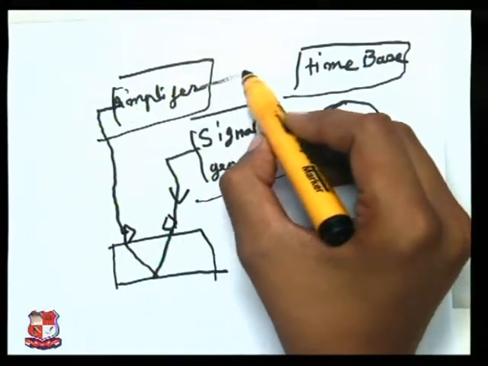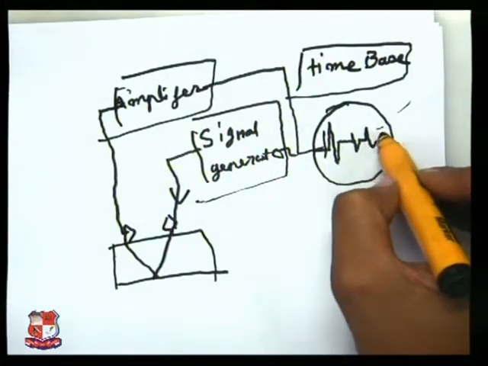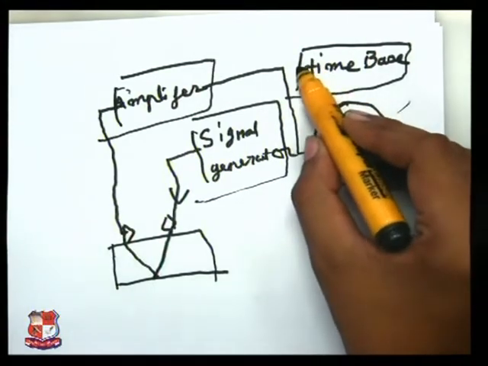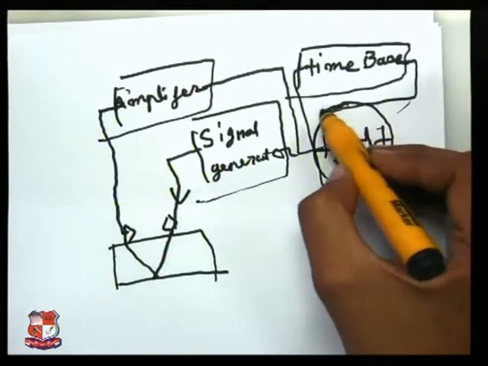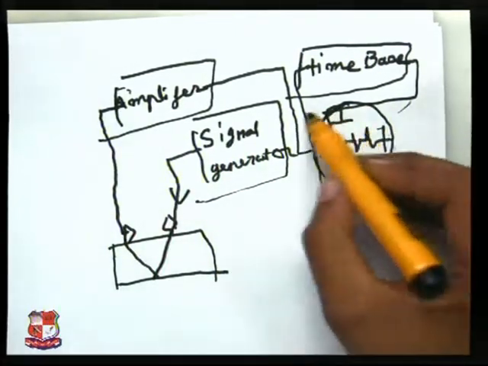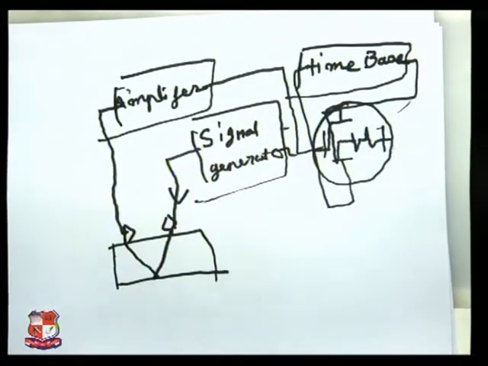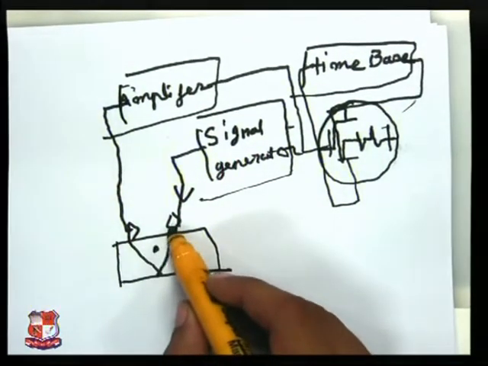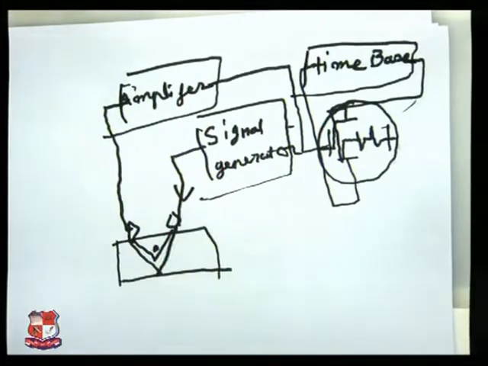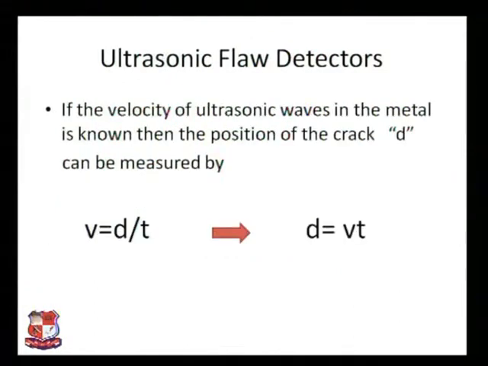The amplifier will amplify that signal and it will be given to the CRO, and it will be connected in this manner. If a flaw is present inside it, it can also be measured. So by using that ultrasonic flaw detector, we can measure it.